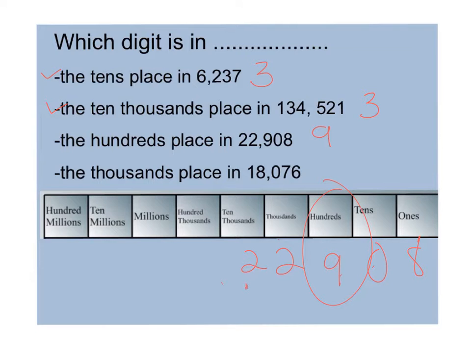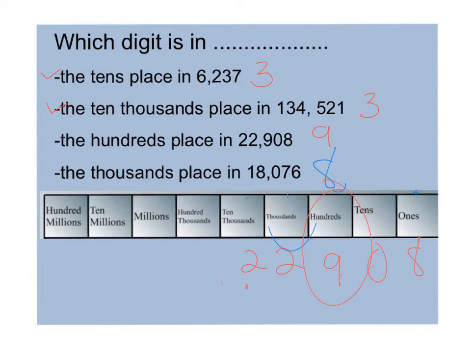I keep wanting to use that marker pen. Let's try this again. What number is in the thousands place? Let's fill it out here. We have 18,076. What number is in the thousands place? That's the 8. So the 8 is in the thousands place.